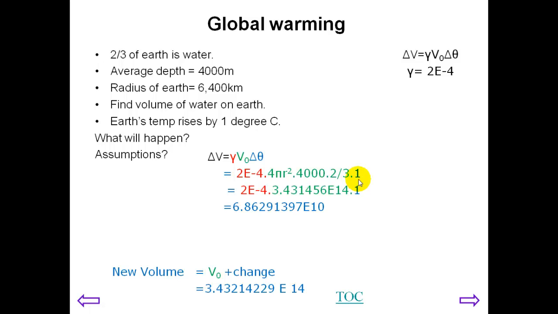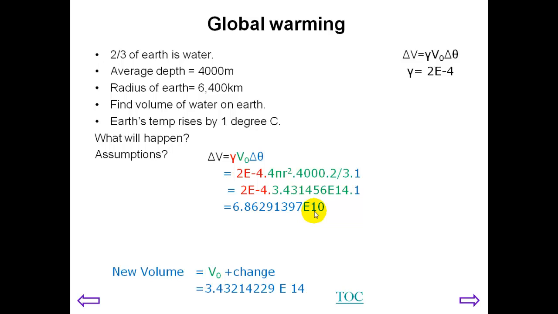So we multiply these together, and we end up with a change in volume of 6.8629, and so on, times 10 to the 10 meters cubed. So this is going to be the change in volume.